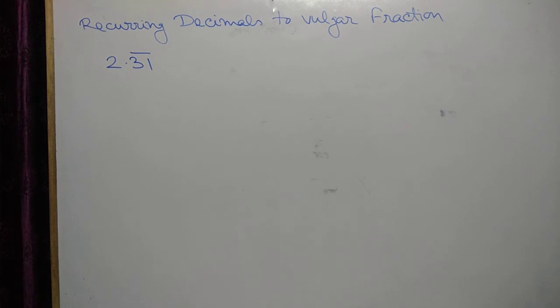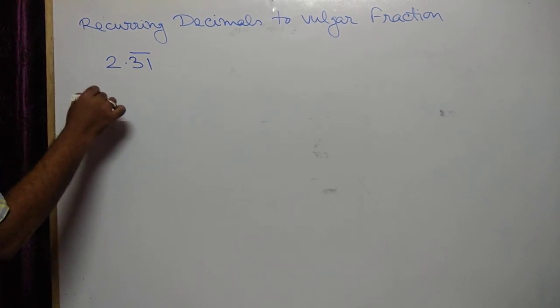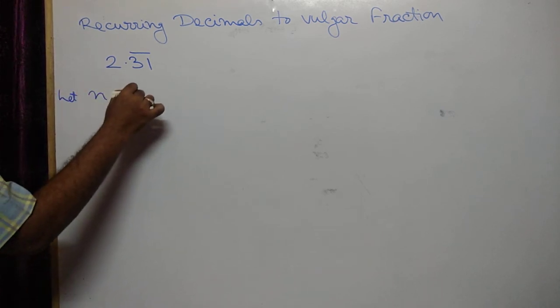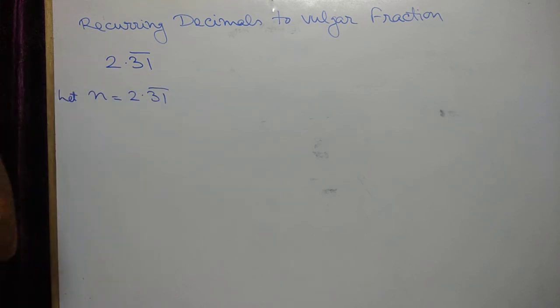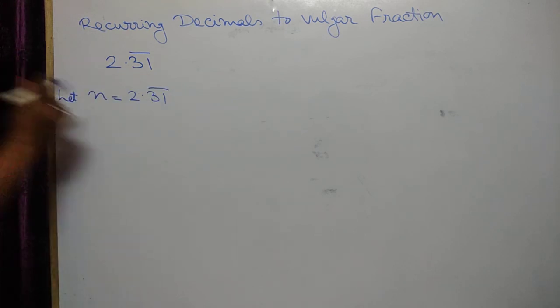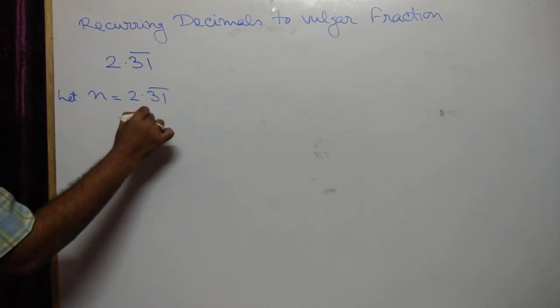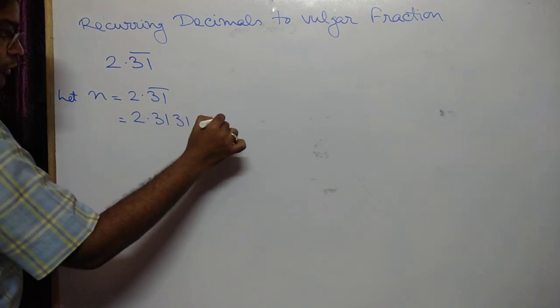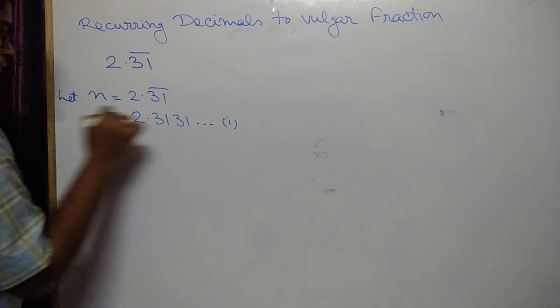So we are going to convert this into a vulgar fraction. As usual, first we assume let n equal 2.31 bar, or we can write 2.3131 dot dot dot, equation 1.